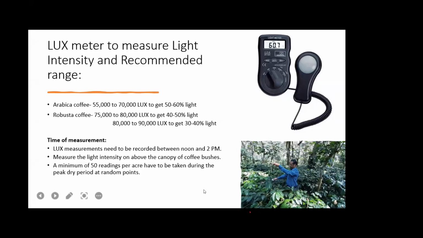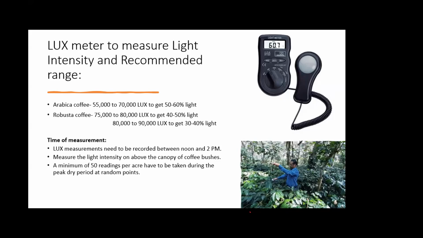When to do this? You have to record it between noon and 2 p.m. In between 12 and 2 p.m. you have to record the lux intensity in your estates. And a minimum of 50 readings you have to take in an acre. And you have to select the peak dry period, not the monsoon times, because during the peak dry or summer period, you will get to know how much percentage of light is falling on the plant canopy.